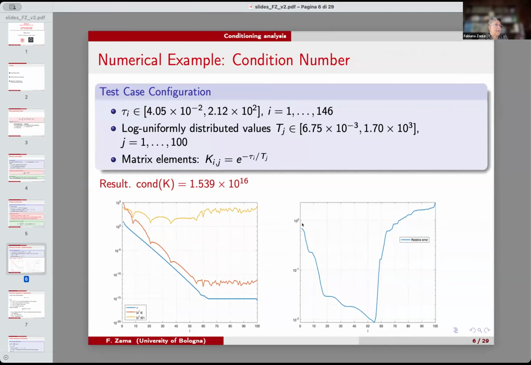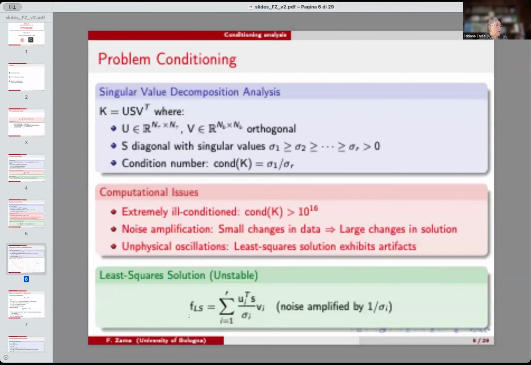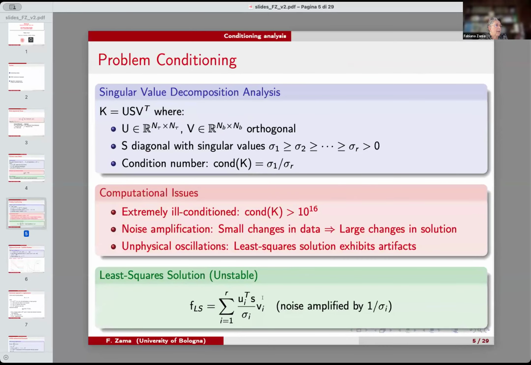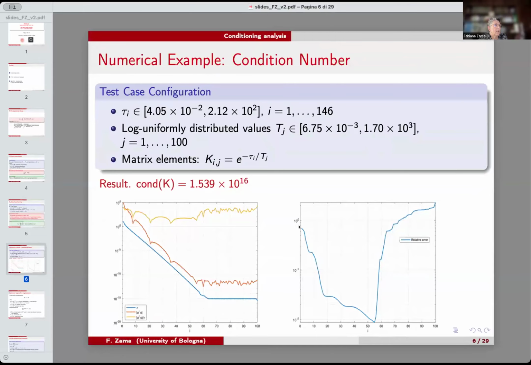If we analyze the relative error, which is the difference between the true solution and the approximate solution, as we increase the number of components in our solution, so as we increase i, we of course obtain a better approximation, and you see that the error decreases up to a value which is between 15 and 16, which is here.